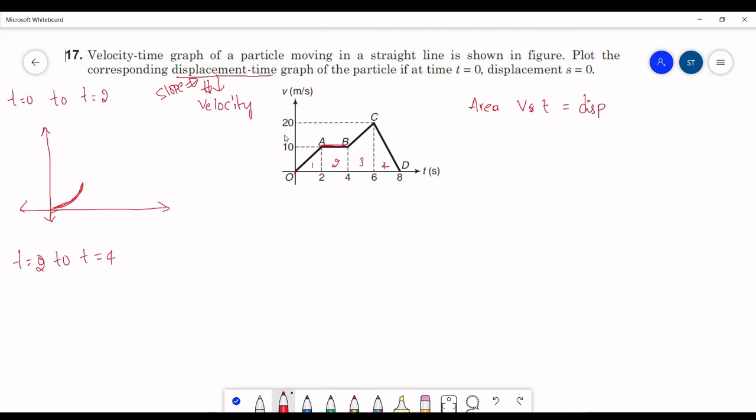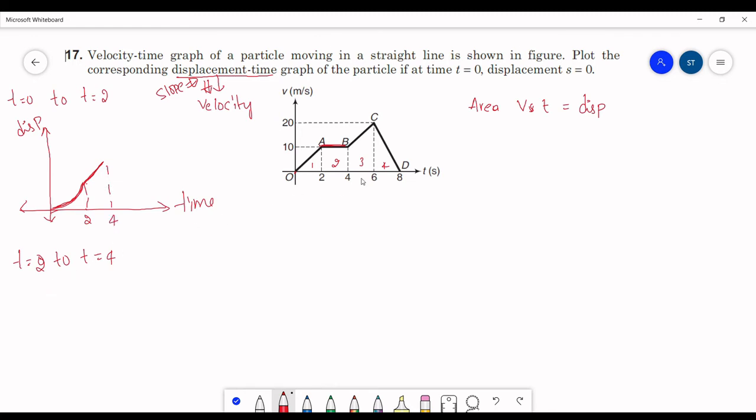And as the area under the curve is increasing, displacement should be increasing. So here the slope should remain constant and displacement should be gradually increasing. This is our displacement and this is our time. So this will be from t equal to 2 to t equal to 4.